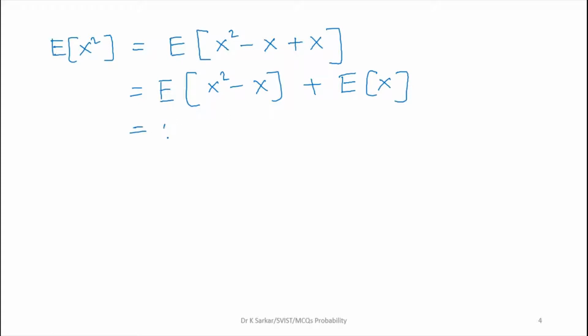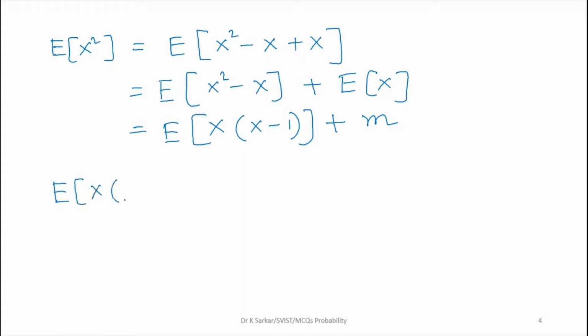So this is expectation of x into x minus 1 plus this part is m. Now we have to find expectation of x into x minus 1.